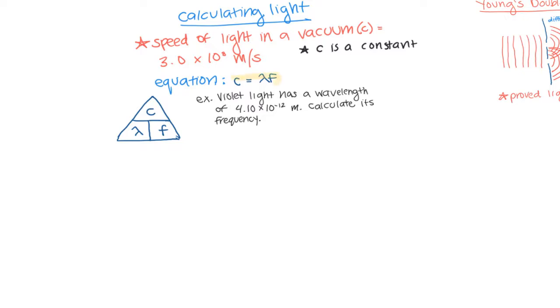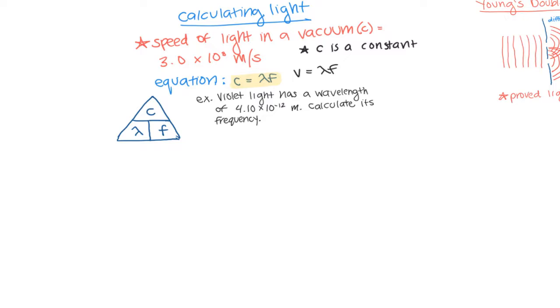All we are doing is replacing our normal wave equation, which is V equals lambda F. We are replacing that V, which for normal waves we know can change depending on its wavelength and its frequency, with the constant C, understanding that the constant C is always going to be 3 times 10 to the 8th meters per second for our speed of light.